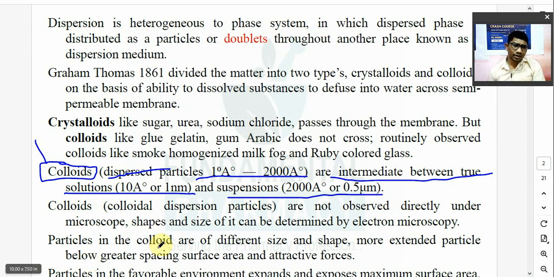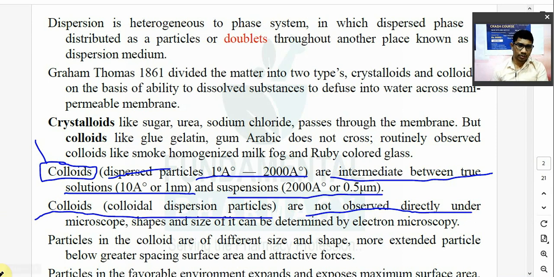Now colloids or colloidal dispersion particles are not observed by your open eyes or under a microscope. So colloids मतलब जो colloidal dispersion है उसकी particles है.